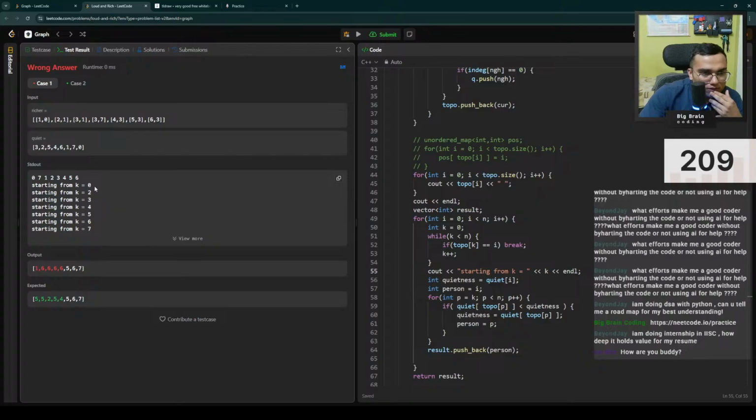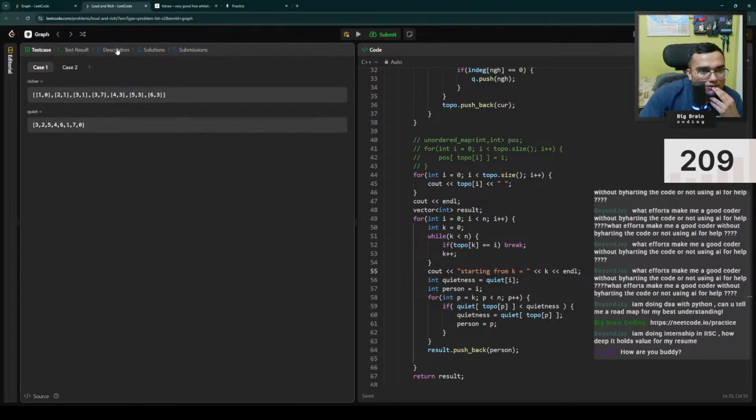Right, starting from K equals 0. K equals 2. Right. Oh, 7 is here. Then why? Okay.